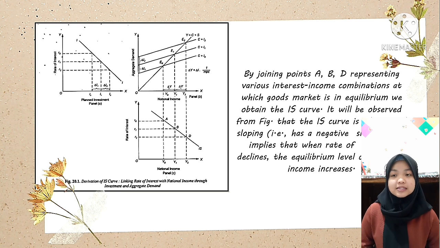With this further rise in planned investment, the aggregate demand curve in panel B shifts upward to the new position C plus I2, corresponding to which goods market is in equilibrium at OY2, level of income. Therefore, in panel C, the equilibrium income OY2 is shown against the interest rate OR2.